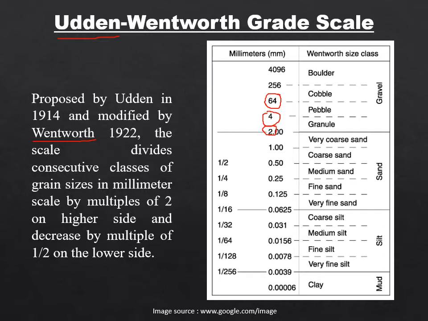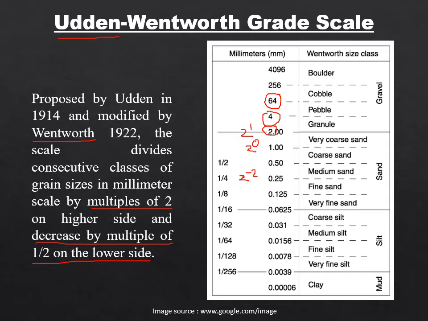So it is either multiples of 2 on the higher side or decreasing by multiples of half. That means it is a function of 2 to the power: here it is 2 to the power 2, here 2 to the power 1, here 2 to the power 0. And 1 by 4 is 2 to the power minus 2. So you can see that all are multiples of 2, either higher values or lower values.